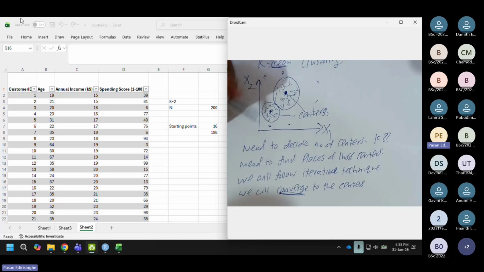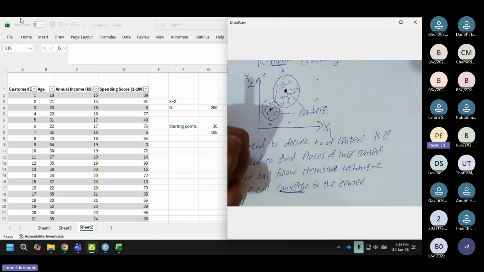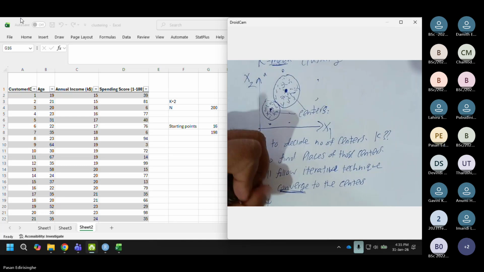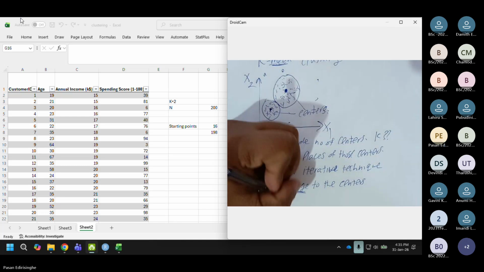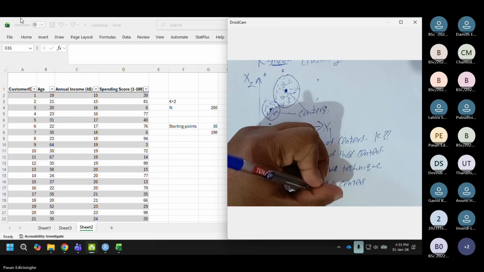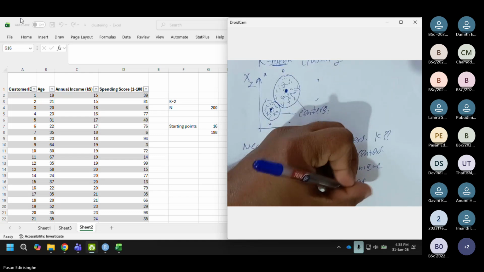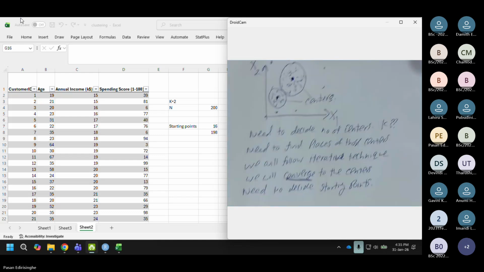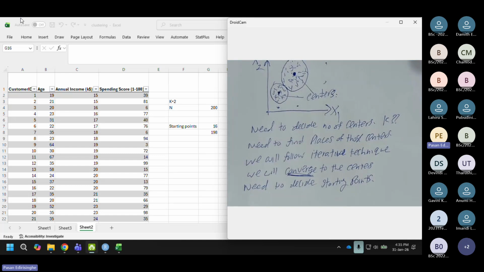So we need to decide this starting point as well. So we have to decide what the starting points are.